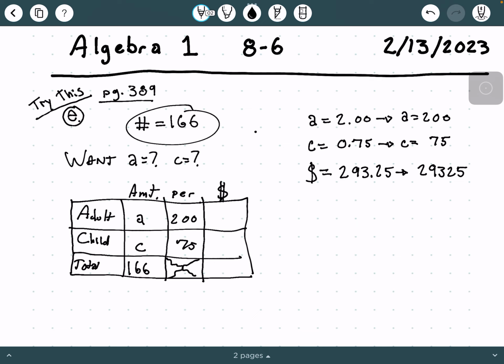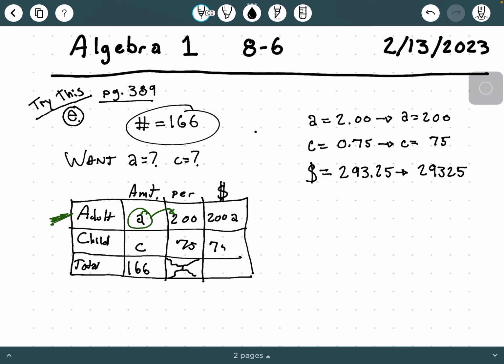So with adults here, for every one adult that we have, 200 cents, so to speak. So our expression here is 200 times all the adults. That'd be how much money from adults. How much money from children? Do the same thing.